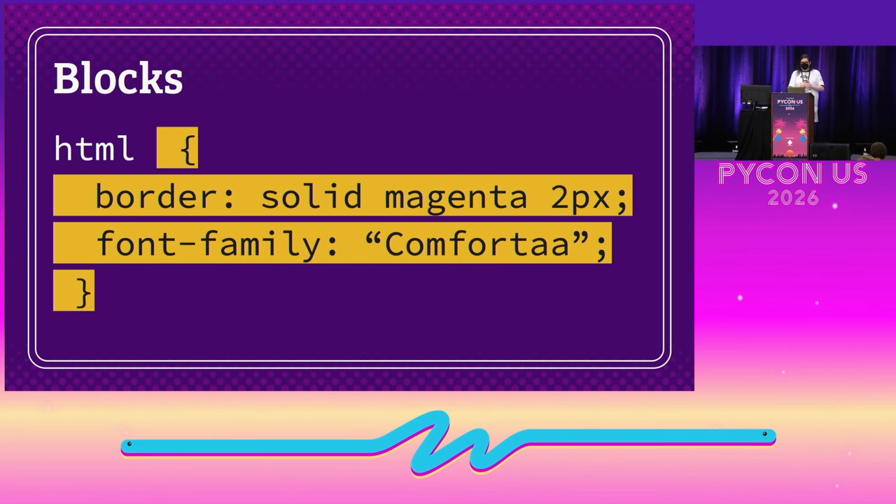The next step up is the CSS block. That is everything between the curly braces. Basically, we surround it by curly braces, and we can put a whole bunch of properties into one rule. You are also allowed to have empty blocks. You could just not have anything here. It's not very useful, but it is sometimes useful for planning out your CSS.